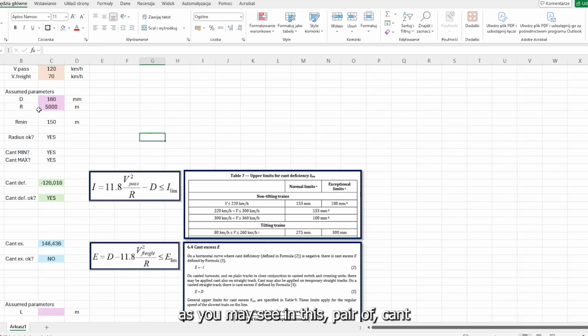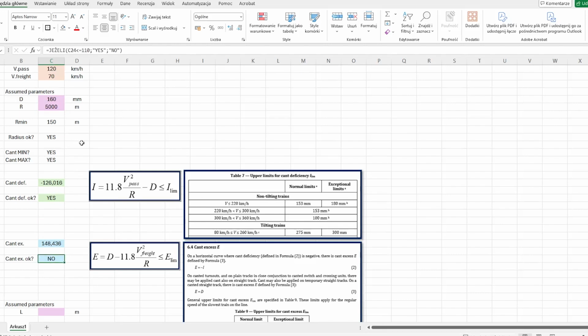As you may see, this pair of cant 160 millimeters and radius value of 5,000 meters is not good for our example, for our calculations.